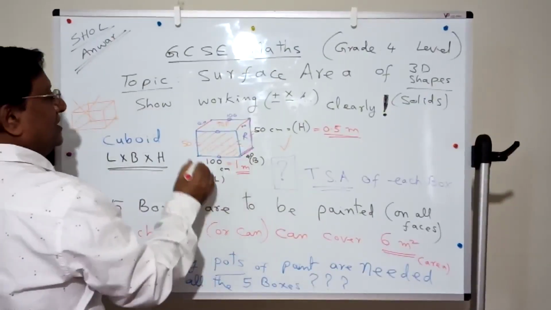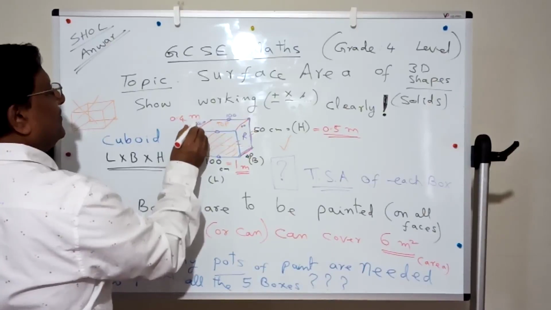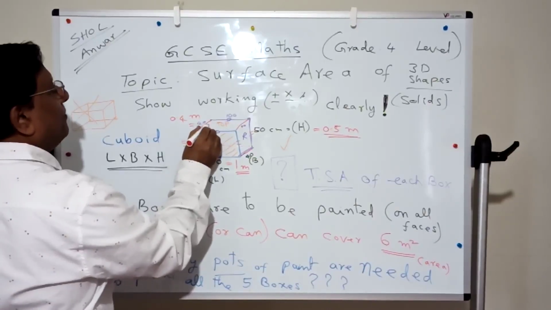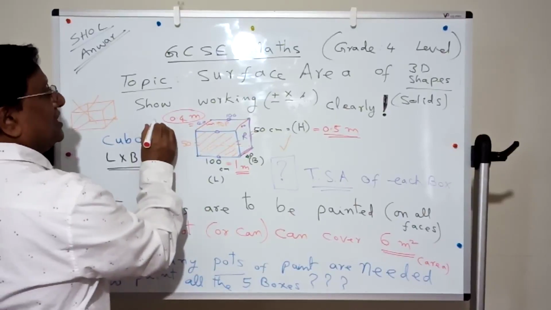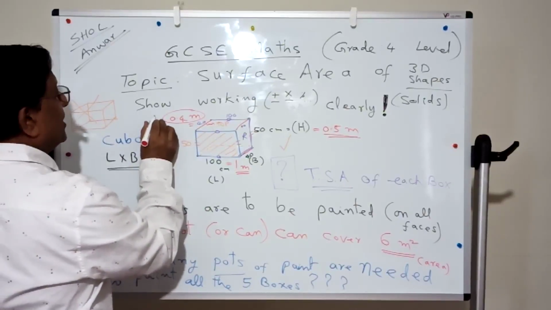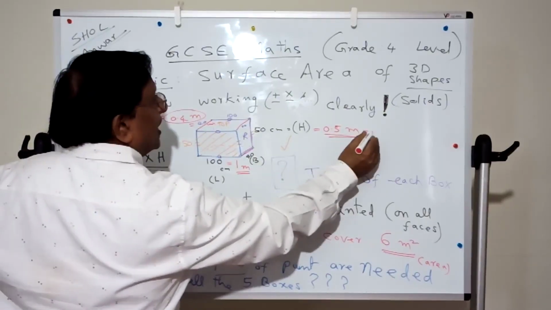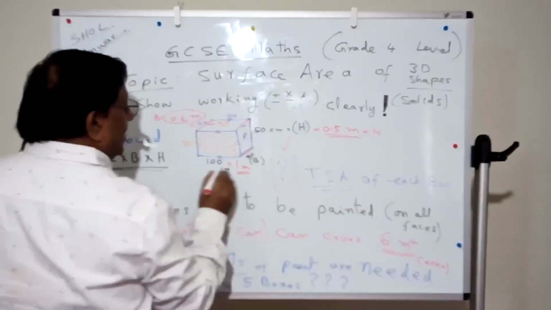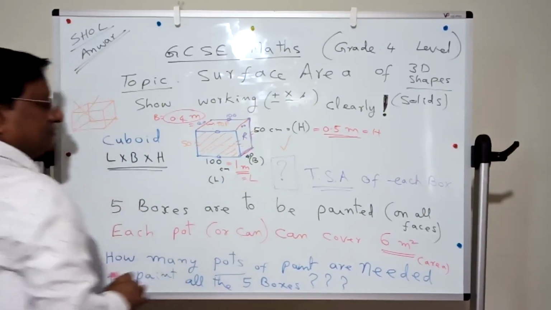And 40 centimeters means 0.4 meters, because 40 divided by 100 is 0.4 meters. This 0.4 is the breadth, 0.5 is the height, and this is the length.